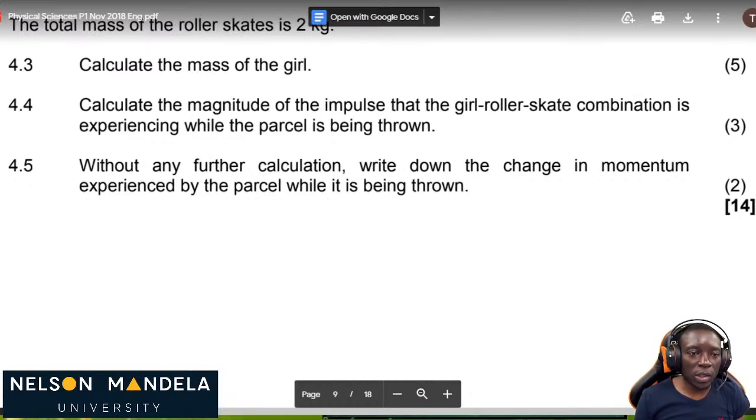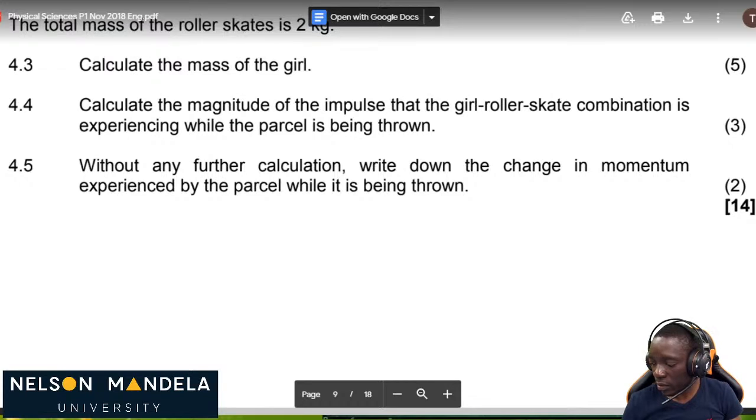So given that the total mass of the roller skates is 2 kgs, what will be the mass of the girl? So that's a 5-mark question if you are able to see that. So how would we calculate the mass of the girl?